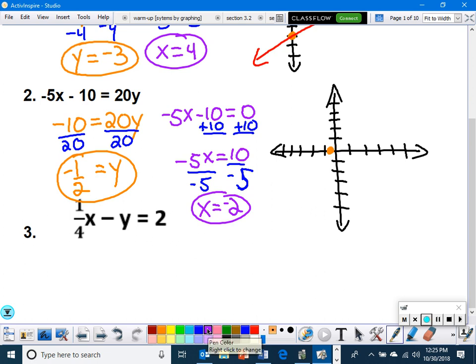My x-intercept, whoops, I did that wrong. My apologies. The y-intercept is between 0 and negative 1. So that's right there. Okay, watch out. Easy to make a mistake on the y-axis. Okay, now the x-intercept is at negative 2. Draw a line through those two dots.